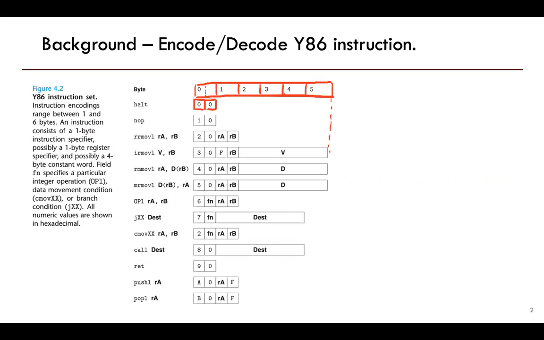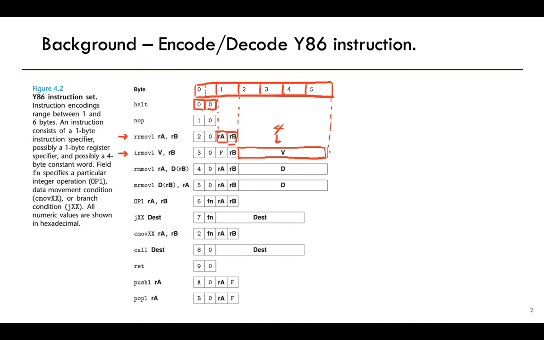In another instruction, like the RR move instruction, there are 2 more boxes, and these 2 boxes fit into byte 1. Another instruction, the IR move instruction for example, has a long box here, and this long box fits into bytes 2, 3, 4, and 5. So it takes 4 bytes.